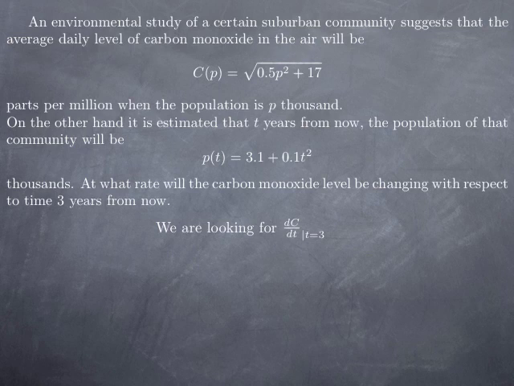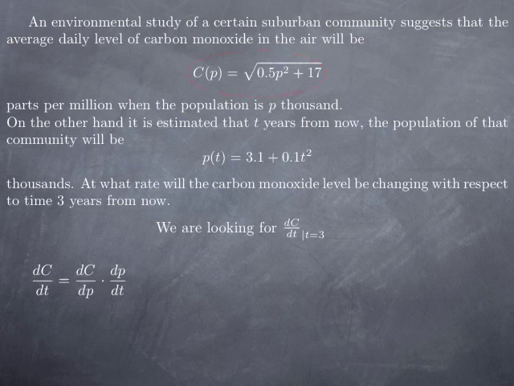C here, the level of carbon monoxide, is given to us not as a function of time, but as a function of the population. However, since the population itself is a function of time, we can think of C as a function of time. According to the chain rule, when we differentiate C with respect to time, we can first differentiate with respect to population, but then we have to multiply by the derivative of the population function with respect to time.